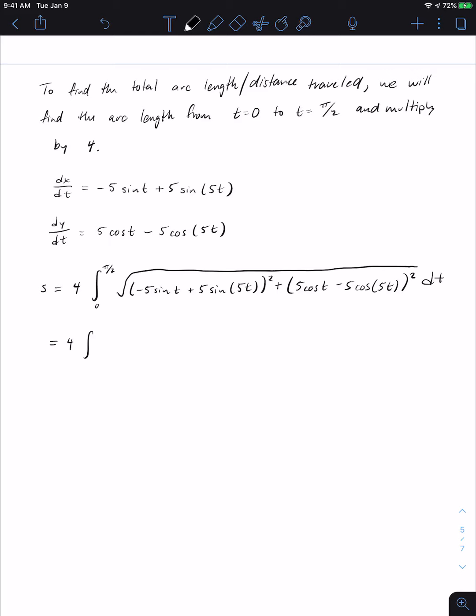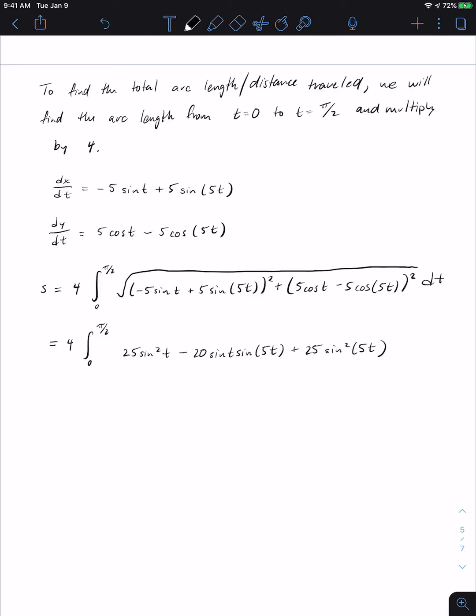So first thing I'm going to do is square out all of these, these 2 binomials squared. Remember, it's the first one squared, minus 2 times the first times the second, plus the second one squared. So this one ends up being 25 sine squared t, minus 5 times 5 is 25, times 2 gives me 50 sine t sine of 5t, plus 25 sine squared of 5t.